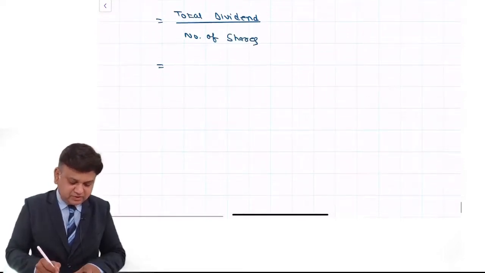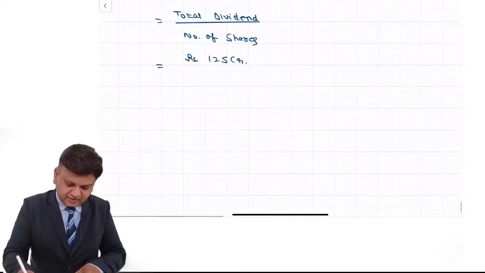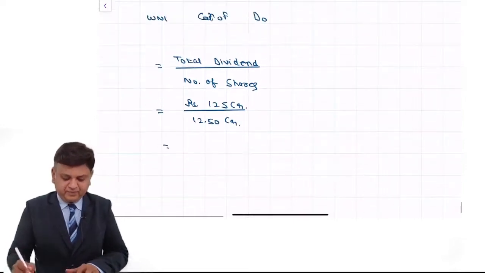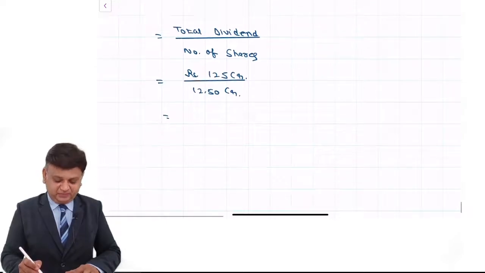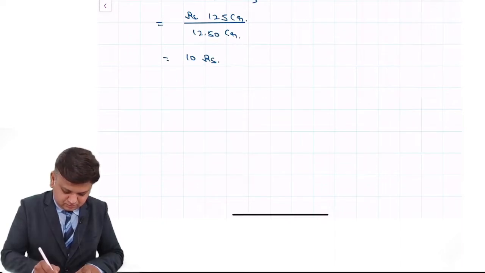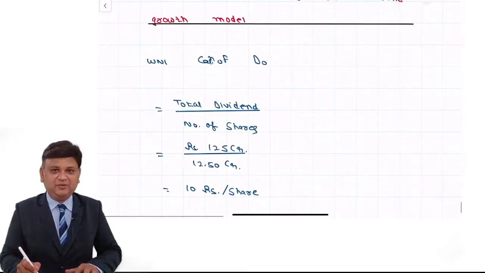The total dividend is 125 crore, divided by number of shares, 12.5 crore. That comes to 10 rupees per share. That is the way D0 can be calculated.